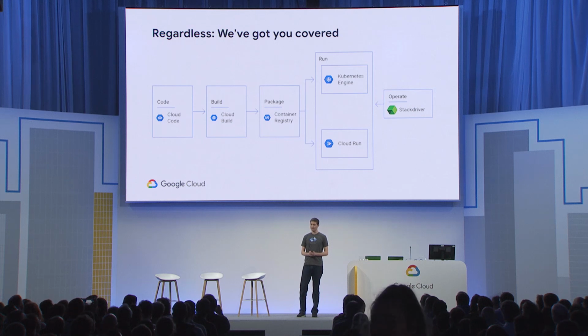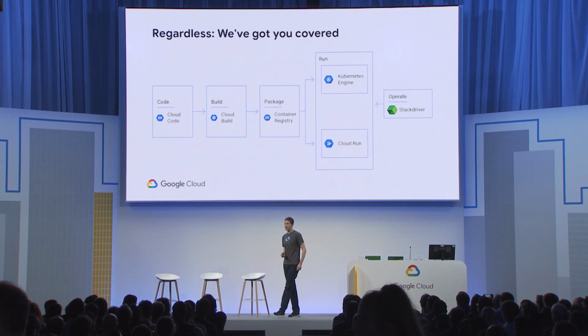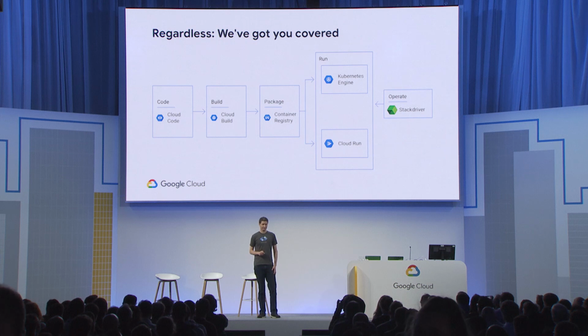It starts with Cloud Code, which lets you write, debug, and deploy your Kubernetes applications. With plugins to IDEs like VS Code and IntelliJ, Cloud Code makes it really easy to work where you work today. Cloud Code also comes with pre-configured sample applications, so you can be up and running in seconds.